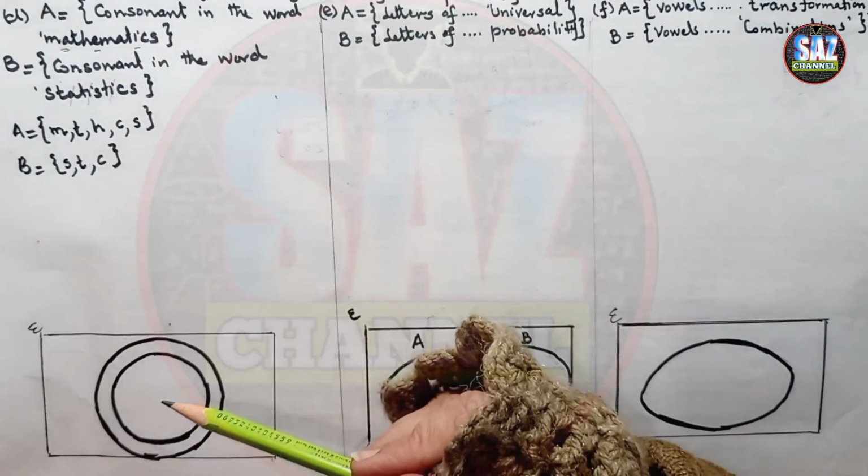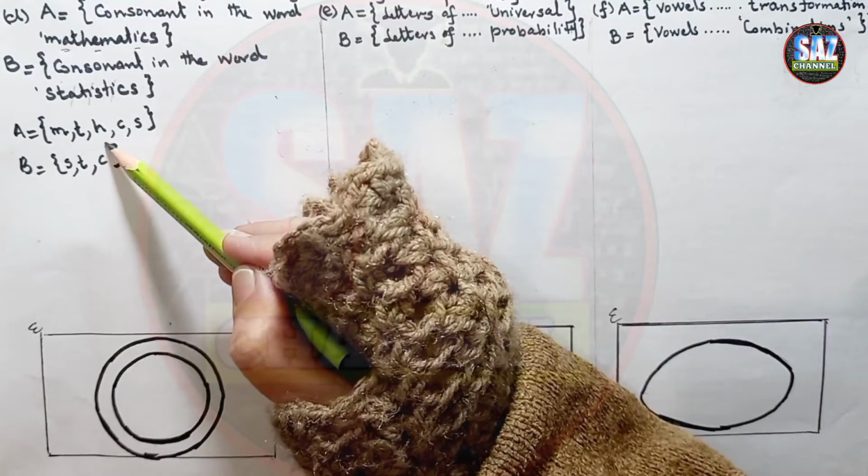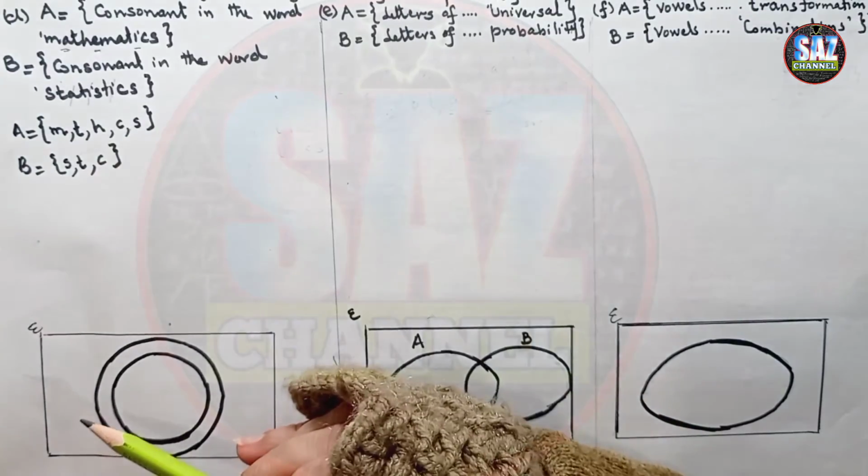Now if we observe both the sets carefully, we can see that S is in both the sets, T is in both the sets, and C is in both the sets.